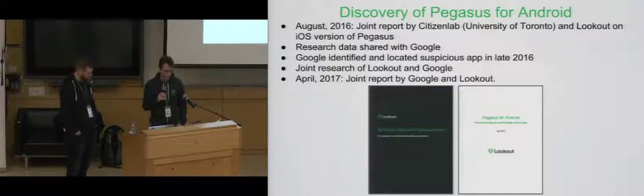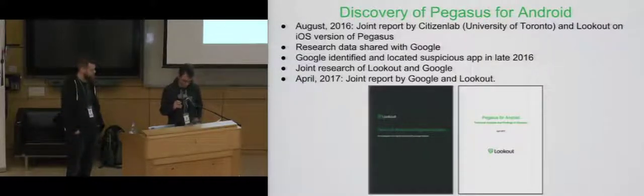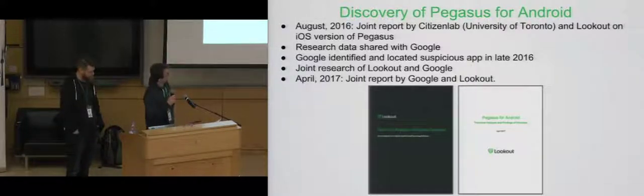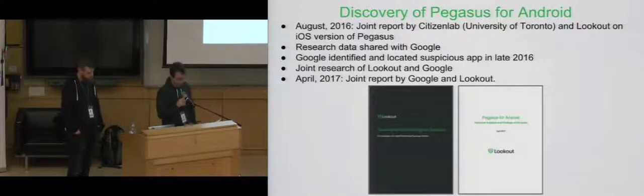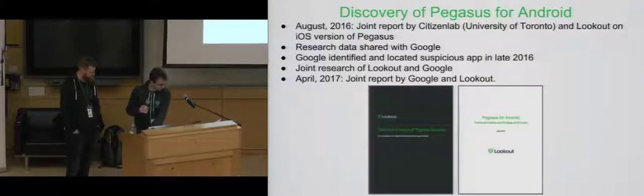And lo and behold, a couple of months later, Google got back to us with an actual 2014 version of Pegasus on Android. So we published a joint technical report with Google in April of this year on this surveillanceware.